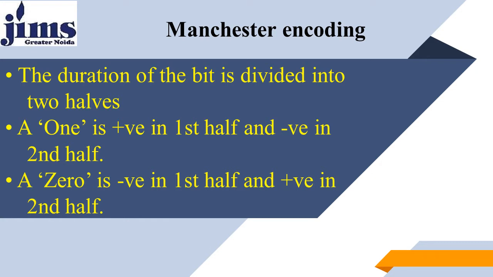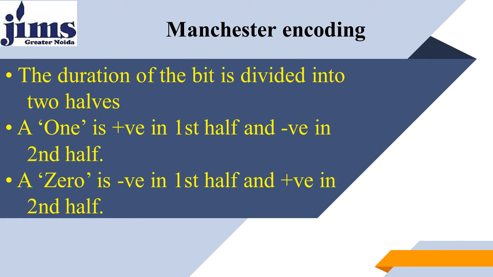Means if the bit that we take in this example is, say for example, 1, then for half of the bit period we have a positive signal, and the remaining half we have a negative signal. And this is the case when you have 1.